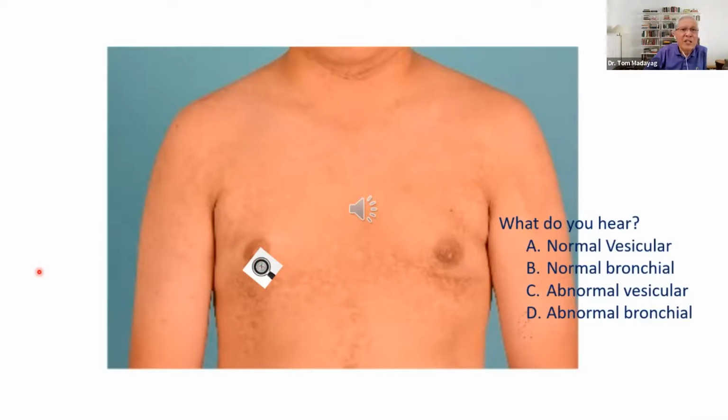I'm going to play the sound, and I'm going to ask you to identify whether or not it's a normal breath sound. And if it's normal, is it vesicular or bronchial, or is it an abnormal breath sound? Again, if it is an abnormal vesicular or an abnormal bronchial. So I'm going to ask you to answer this.